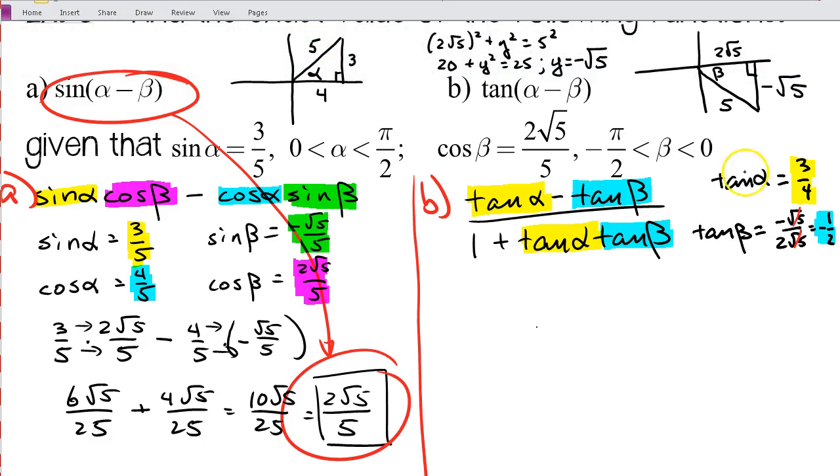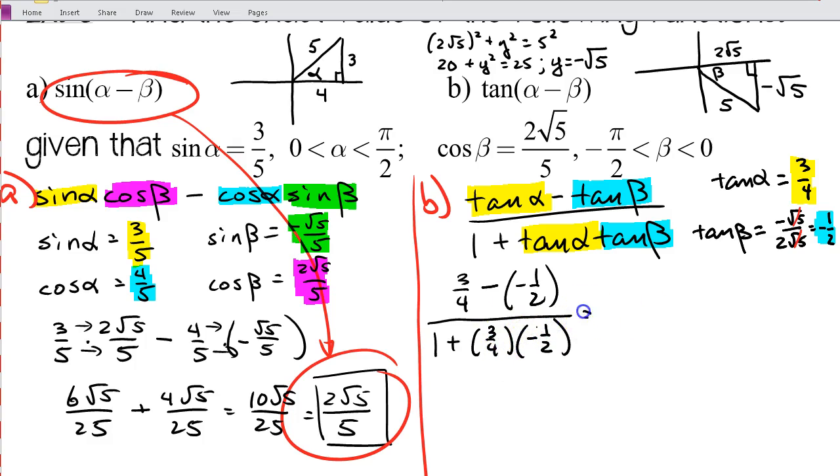So I've got tan alpha, which is 3/4, minus tan beta, which is negative 1/2, over 1 plus tan alpha, 3/4, times tan beta, negative 1/2. So in the numerator I have 3/4 plus 1/2, and then in the denominator I have 1 minus 3/8.